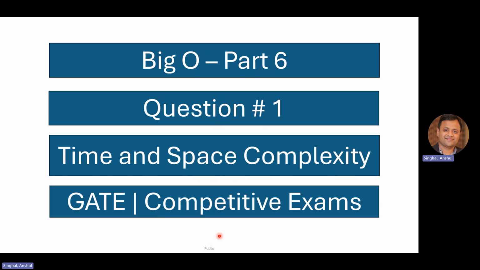And generally, what happens is, if you learn some common patterns and how their complexity comes up, like, for example, there are a few very common time or space complexities, like order of 1, order of log n, order of n, order of n square, order of 2 raised to the power n, order of square root of n, n log n, like that.